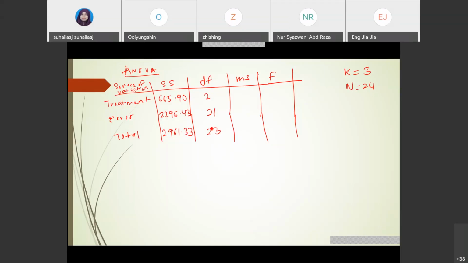Next you compute your mean square. Mean square is just sum of squares divided by degrees of freedom. So you have 665.9 divided by 2, which is 332.95, and then 2295.43 divided by 21, which is 109.31. Lastly, we compute your F value.